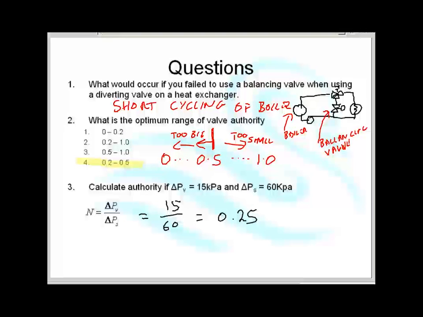Okay, so I've got 15 over 60. The valve authority is 0.25. The valve is slightly big, not overly too big. It's a bit big, but it's a fine valve. We'll use that valve.